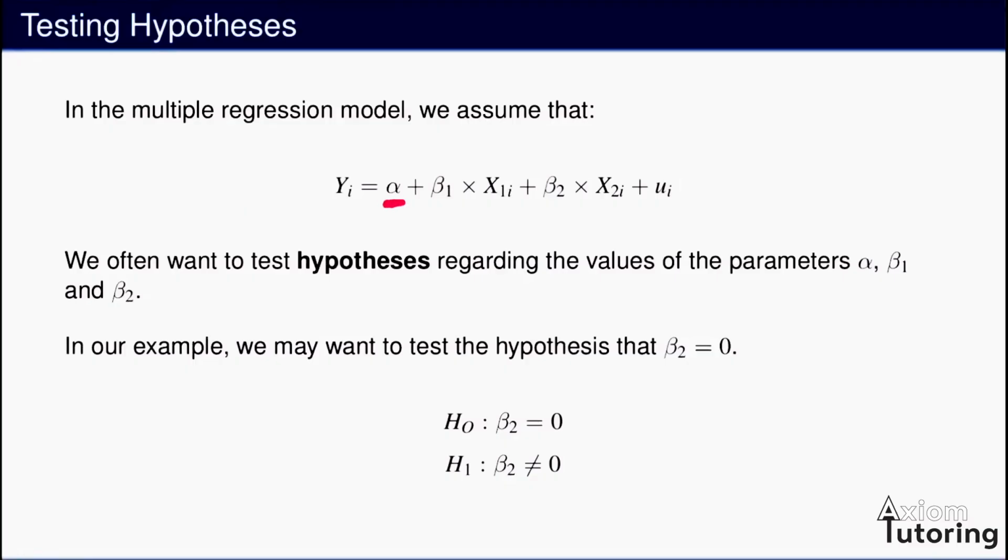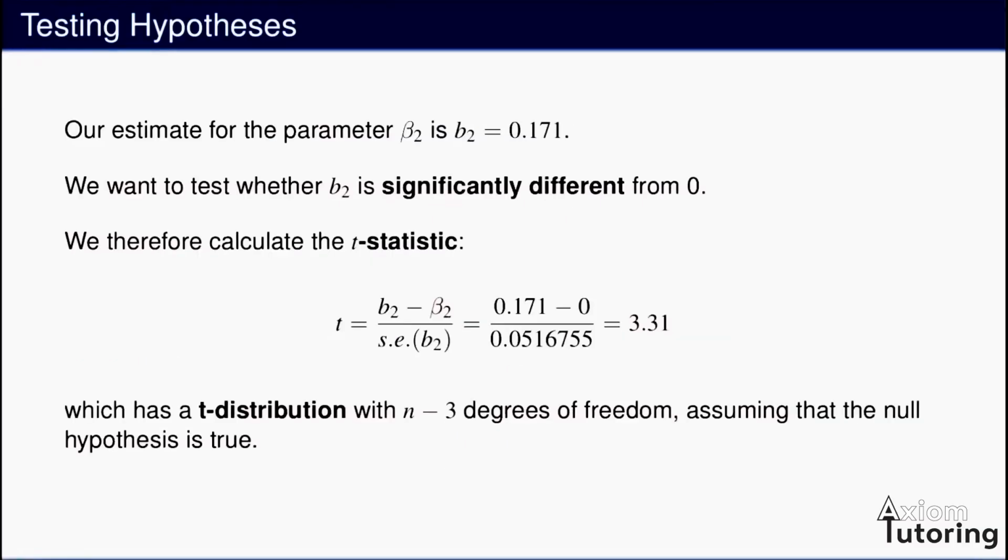Well, there's alpha, there's beta 1, and beta 2. So that's 3. That's why we have n minus 3 degrees of freedom. Now, if n is very large, let's say above 100, it's not going to make much of a difference that we're looking at the t-distribution and not the standard normal distribution.